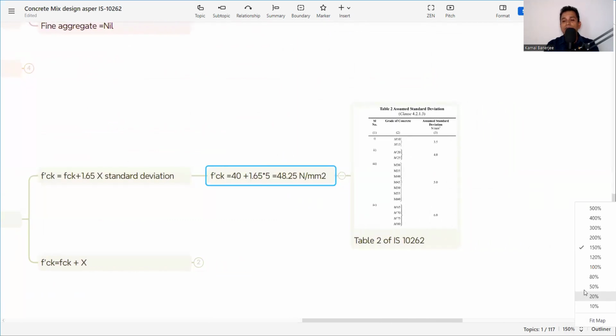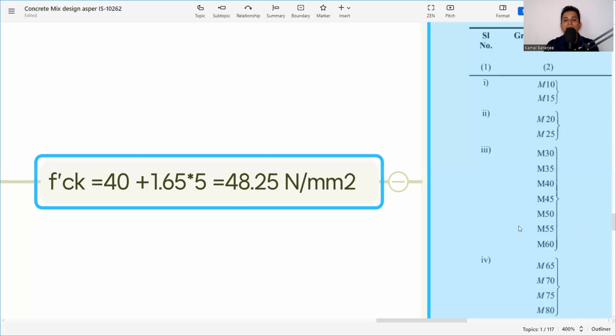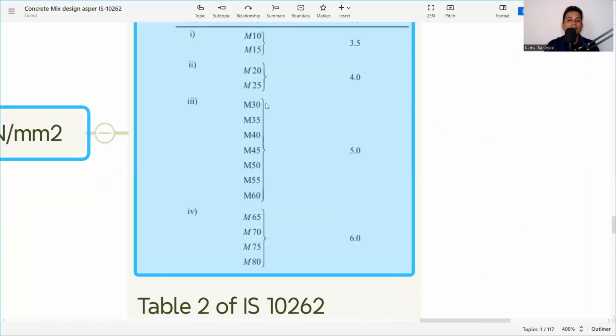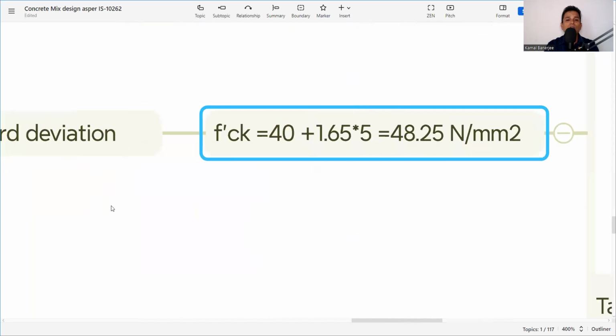According to the grade, standard deviation is given. So our case is M40, and our standard deviation is 5. So the formula will be fck dash equal to 40 plus 1.65 into 5, that is 48.25 Newton per millimeter square for our target mean strength.